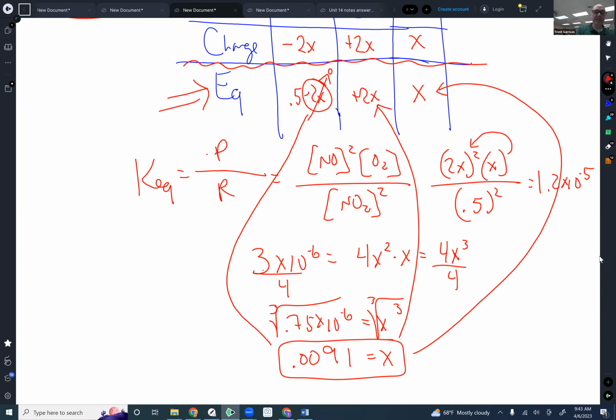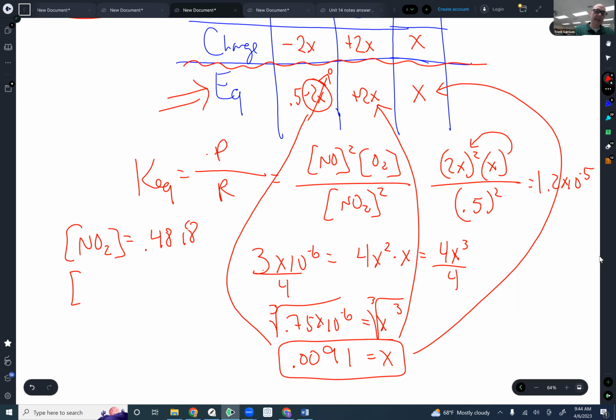So I have my equilibrium concentration for the NO2 is going to be equal to 0.5 minus 2 times 0.0091. Didn't change that much, 0.4818. That's not much of a change.